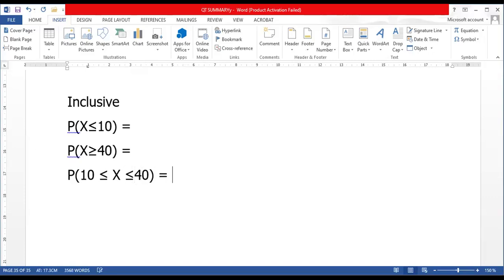So there you have to change from inclusive to exclusive. Now we deal with exclusive figures. How do you change?